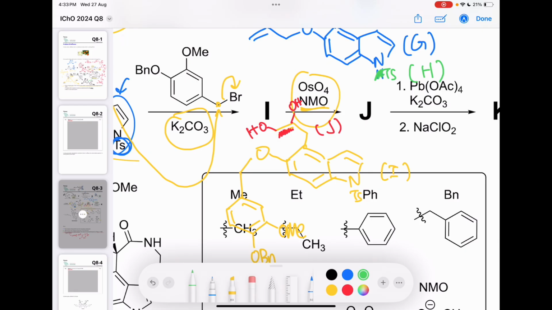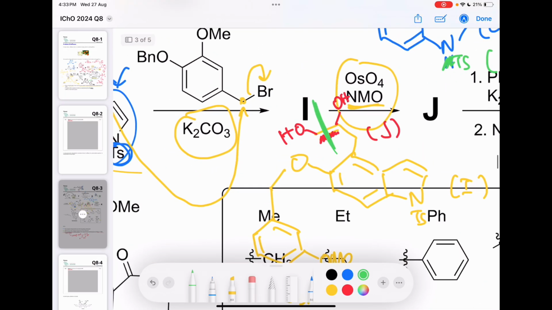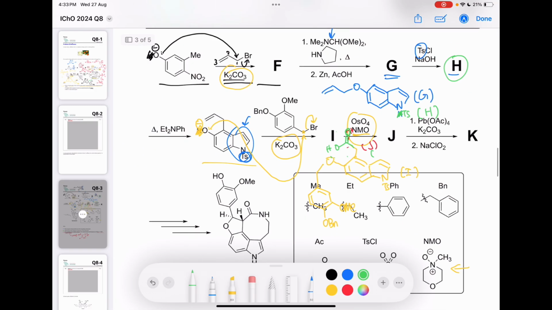So the cleavage must happen here, because usually when you hear something like oxidative cleavage, it's usually a CC bond that gets cleaved, and then because of the oxidation, this will just become a carboxylic acid. So yeah, it will look something like this. So that will be our structure K.